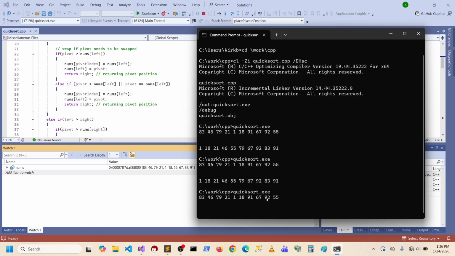But the 92 comes back to here. See, the 92 gets swapped with that. So it ends up here, out of order. And then the 92 gets swapped somewhere in here to its final place, which really should be this.